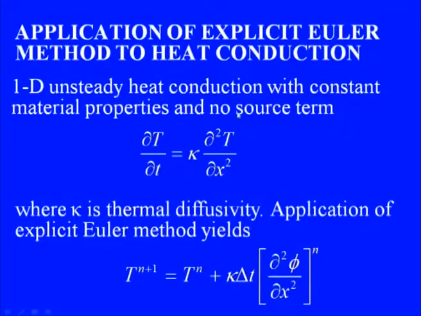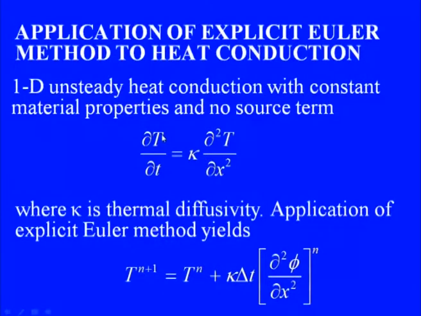So, the unsteady heat conduction equation. Suppose we assume that material properties are constant, that is, constant rho, Cp and thermal conductivity k. In that case we can dump everything into one parameter which we call thermal diffusivity. So ∂T/∂t, where T is our temperature, is equal to kappa times ∂²T/∂x².